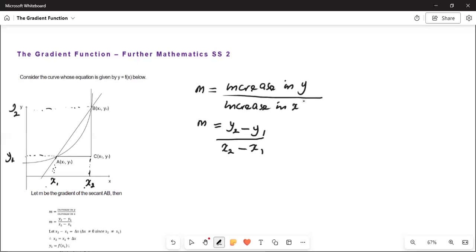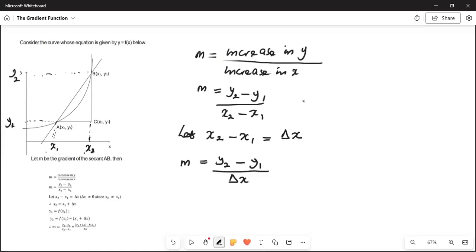Now, let this denominator, x2 minus x1, be represented with delta x, that change in x. Then this gradient m, we can write as m equal to y2 minus y1 over delta x, where delta x is x2 minus x1.